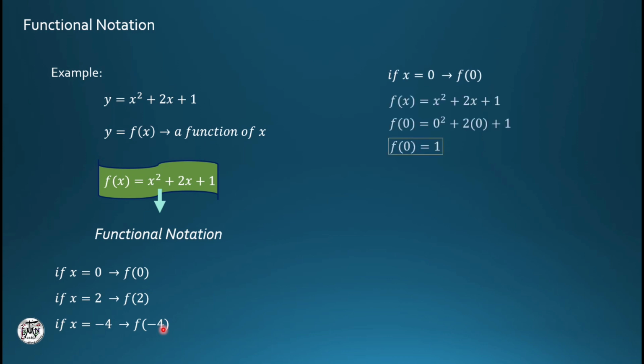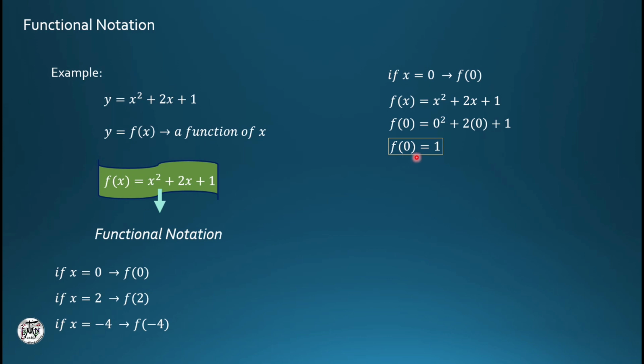We solve that. So when we say f of 0, we substitute into the example given, f of x is equal to x squared plus 2x plus 1. We substitute the value of x as 0. So 0 squared plus 2 times 0, that is automatically 0. Therefore, the answer is f of 0 is equal to 1.